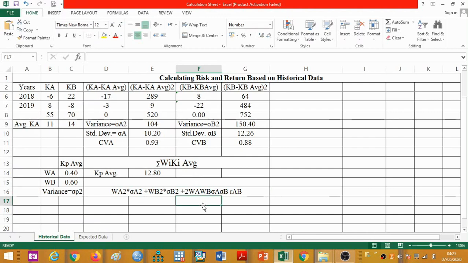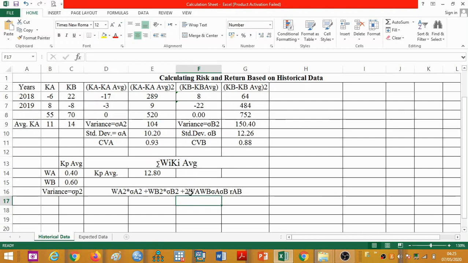Now in this formula what we know is we already know the weightage of A, which is given here, that is 40%. Sigma A square, we already know it from the previous calculation, that is sigma A square is 104, or you can take the square value of 10.2. We also know WB square, because we know WB and we can take a square value of it, and we also know sigma B square, that is calculated here.